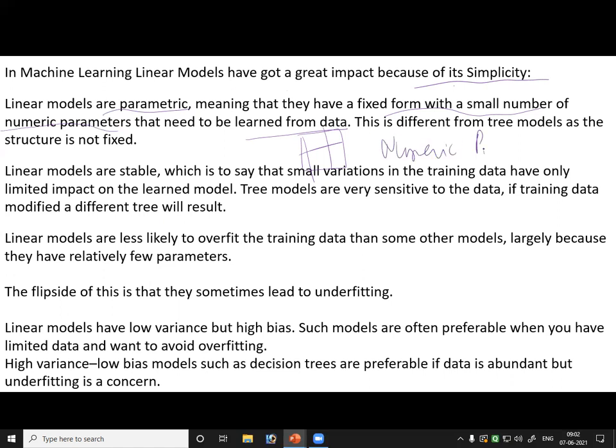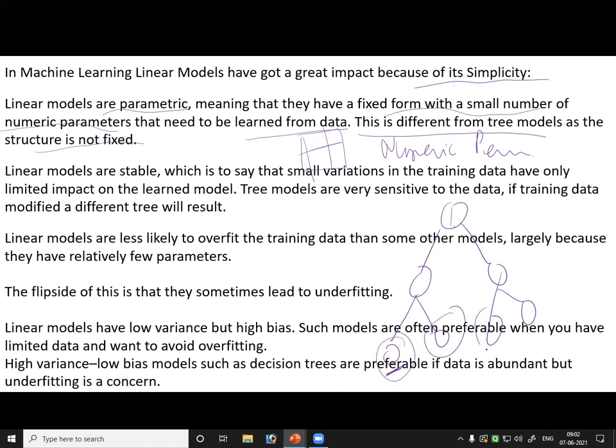Now this is different from tree models, as their structure is not fixed. In tree models, we used to find the best split in order to get the label, feature. Labels are very important. Best split.